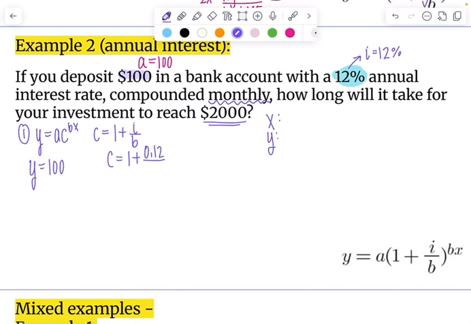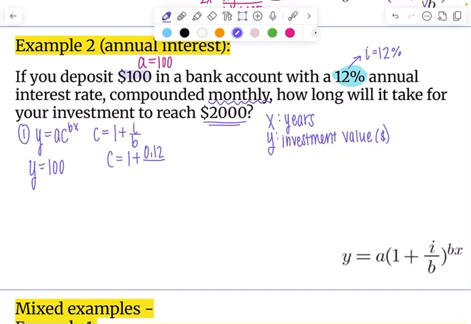Now I think that years is the easiest for most of these investment questions. So X is in years and Y is going to be your investment value in dollars.